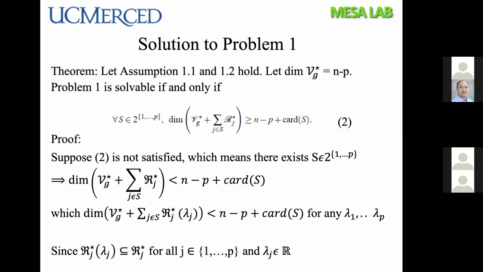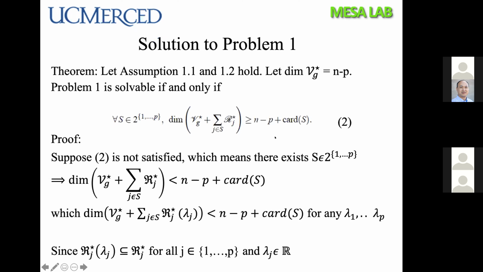So let assumption 1.1 and 1.2 hold, and let dimensional VG equal n minus p. So problem 1 is solvable if and only if this one is satisfied: dimensional VG A star plus sigma RG is greater than n minus p plus curve S.